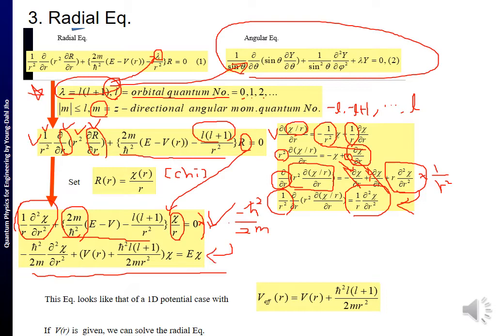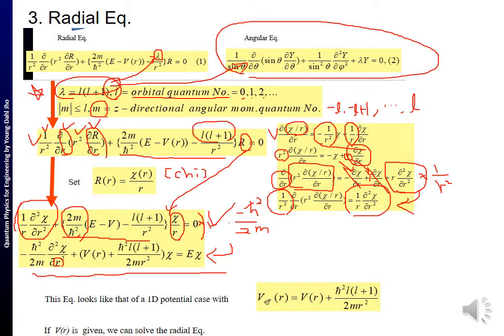So there we have this equation. And if you look at this, this equation depends only on r. So now it is a one-dimensional problem because we only have one variable.